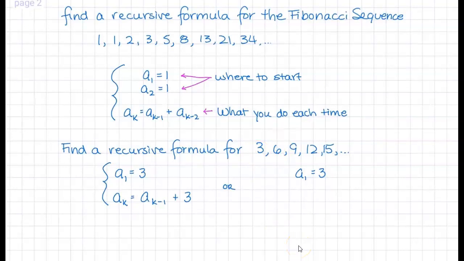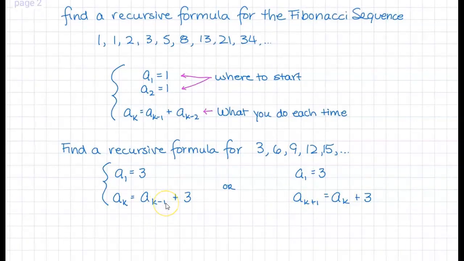So the next term would be a sub k plus 1, and then we say a sub k plus 3. A term plus 3 is equal to the next term. So you just have to know how to read these subscripts. I like to think of a sub k as the term, and then if you're adding one, it's the next term.